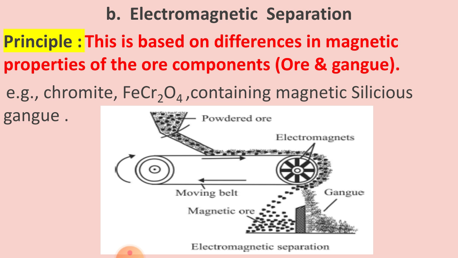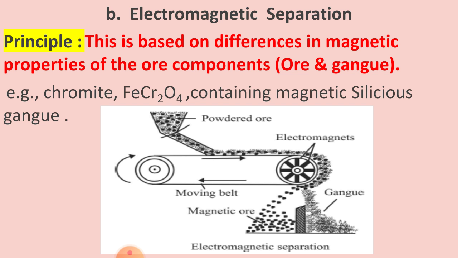The magnetic particles are attracted and fall near the roller, while the non-magnetic particles fall away from the roller. This type of mechanism you have seen when you go to flour mills for grinding wheat. Here also rollers are present, but these contain two types of rollers, one magnetic and one non-magnetic.